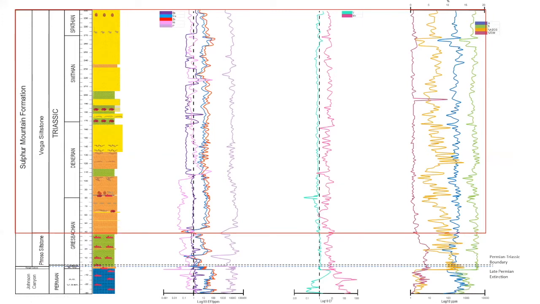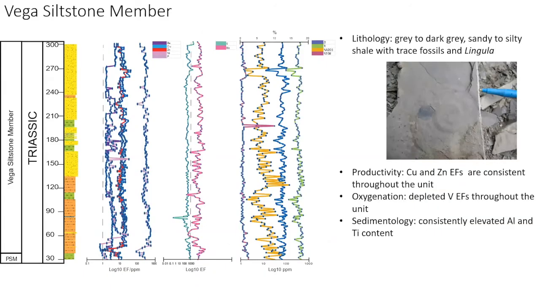And finally, we have the largest of the units, which is the Vega siltstone. The Vega siltstone member, in terms of lithology, is a gray to dark gray, sandy to silty shale with trace fossils and lingula. For productivity, we're looking at copper and zinc enrichment factors that are consistent throughout the unit.